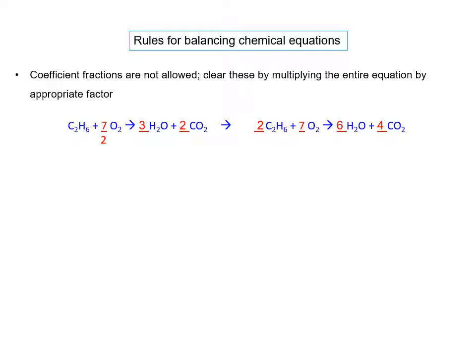Now, if when you try to balance the equation, you end up with a fraction, fractions are not allowed. So we clear these by multiplying the entire equation by the appropriate factor, and that appropriate factor is whatever is in the denominator. So here, after we put a 3 in front of the H2O and 2 in front of the CO2 to balance the hydrogen and the carbon, then we're ready to balance the oxygen.